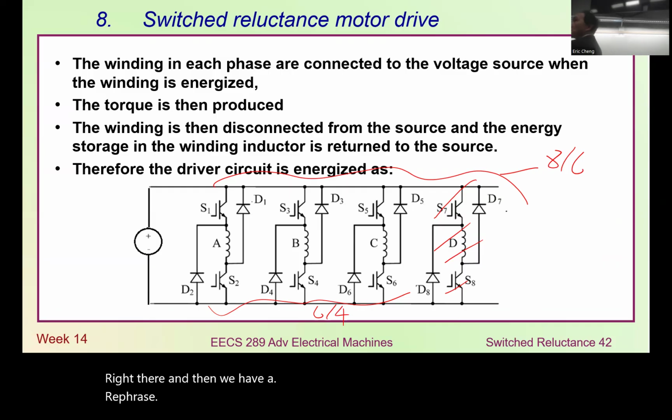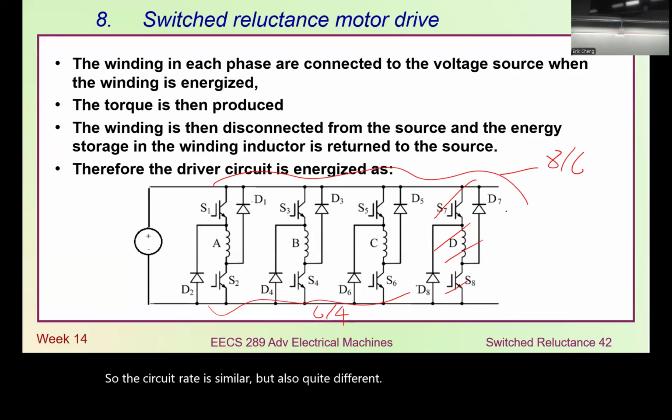Also we have the anti-parallel diode in here. The circuit looks very similar, but also quite different.